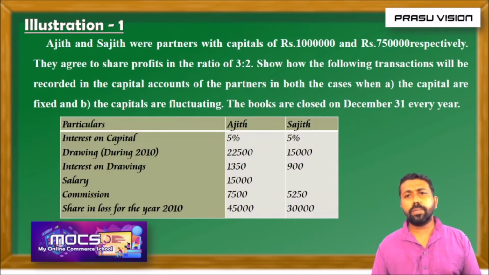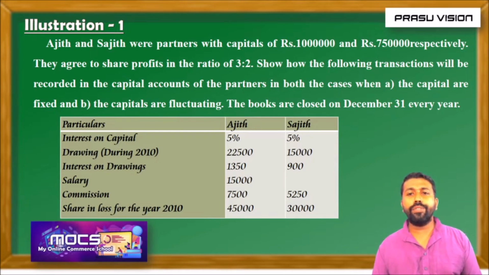Solve the first problem. Here Ajit and Sajit were partners with capitals of 10 lakh and 7 lakh 50,000 respectively. They agreed to share profit in the ratio of 3:2.